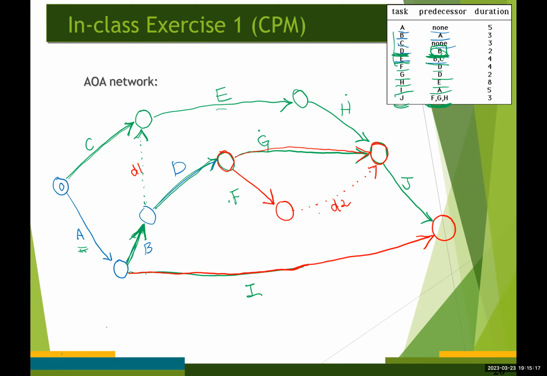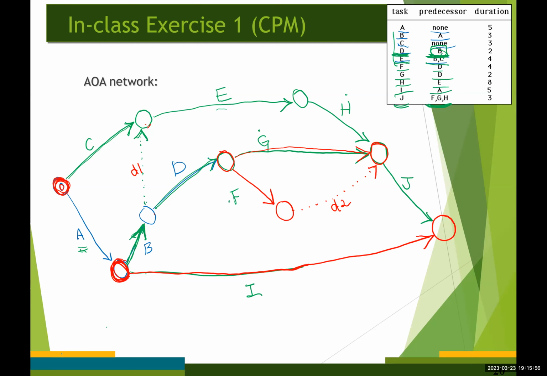Okay, we already labeled this node, and actually this node has no predecessor, so it is labeled 0. Then, ignoring node number 0, this node has no predecessor, but this node has the predecessor, which is this.